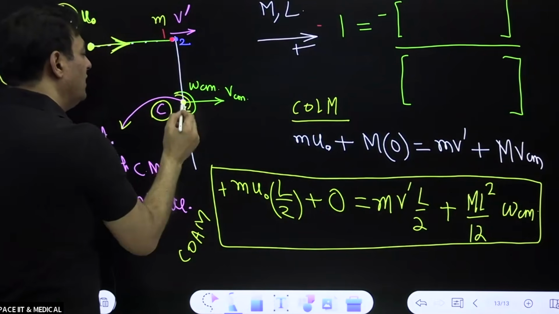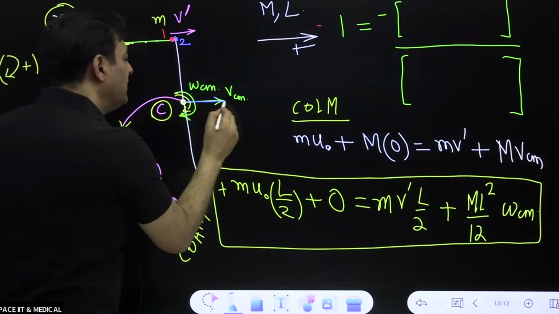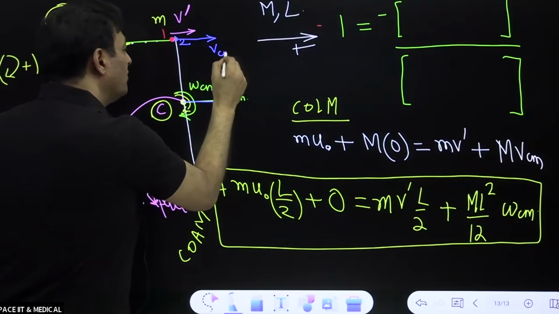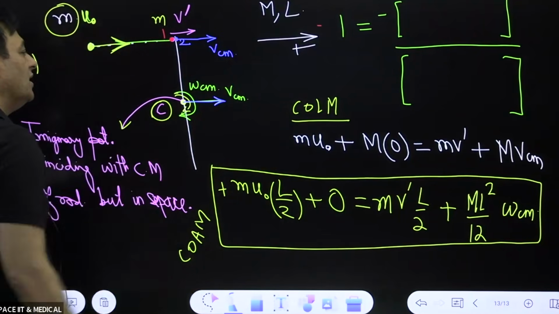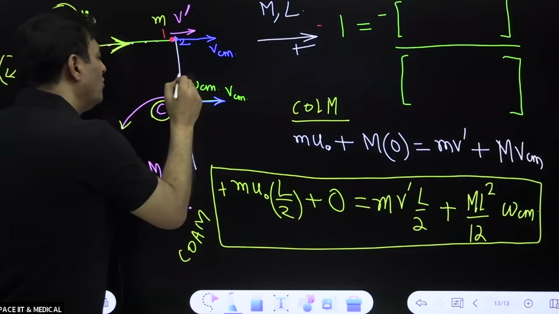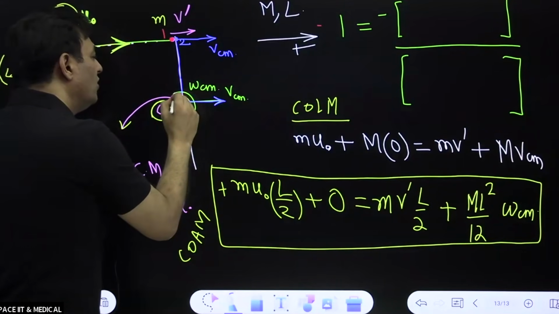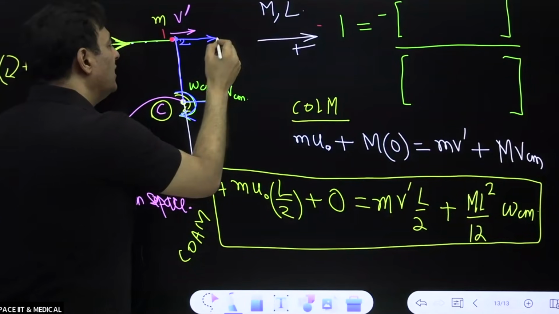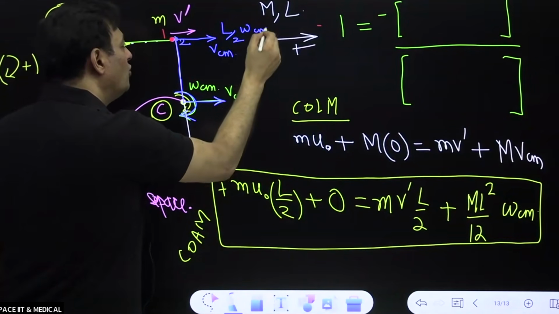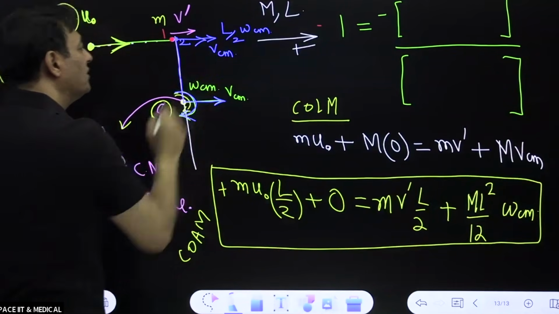Velocity of this point, due to pure translation, will be VCM here. Due to rotation, it is rotating about the center with omega cm, so it will be L by 2 omega cm due to rotation in the same direction.